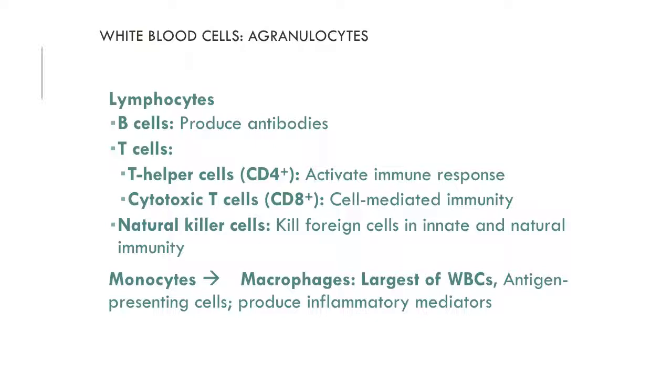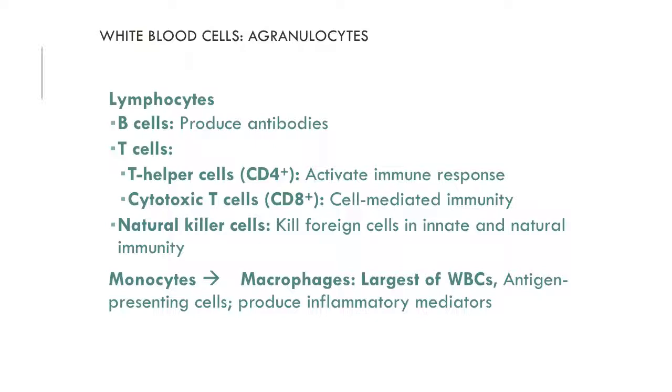So the CD4 cells activate immune responses. The cytotoxic T cells, or the CD8 cells, are the cell-mediated immunity. And then there's the natural killer cells, that kill the foreign cells in innate and natural immunity.